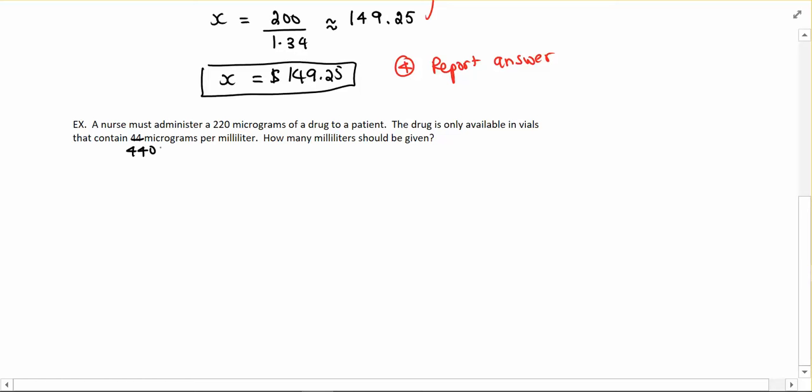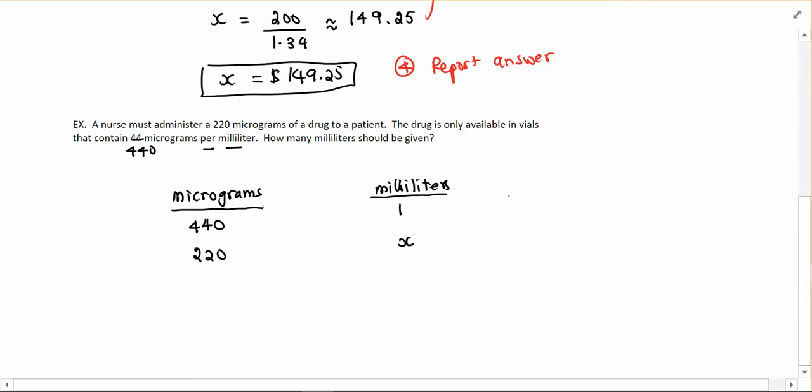All right, so let's see. We have micrograms and milliliters, and let's start writing corresponding numbers. So 440 micrograms per milliliter, that means per 1 milliliter. 220 micrograms, we don't know how much, so X. This is perfectly good.